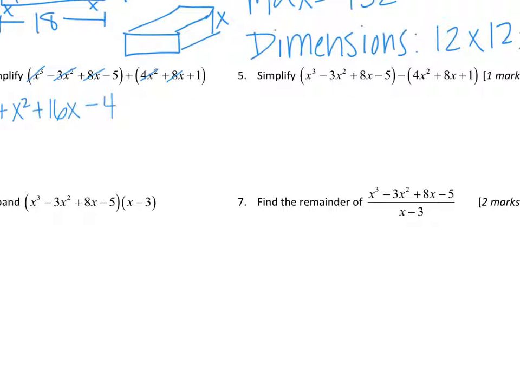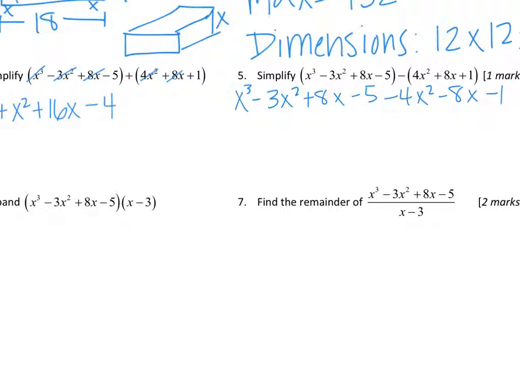This one, when we have subtraction, I like to rewrite it just because that negative needs to be distributed to all the parts in that second set of parentheses. So I'm not even going to start combining anything yet. I am just rewriting what we have. So minus 4x squared minus 8x minus 1.